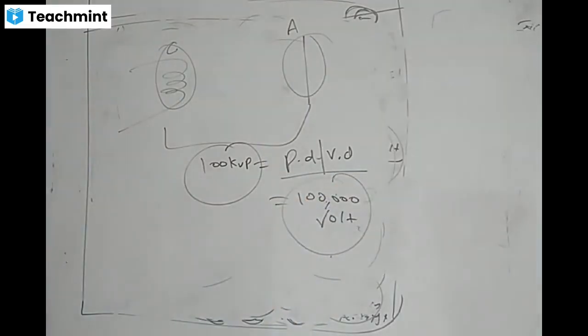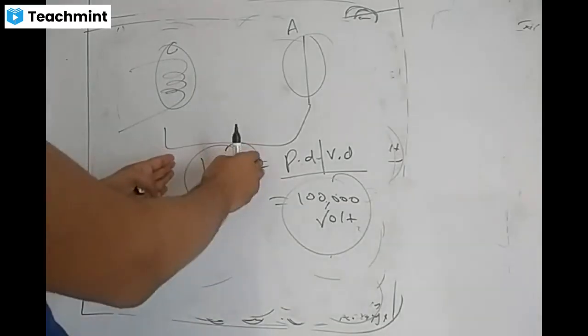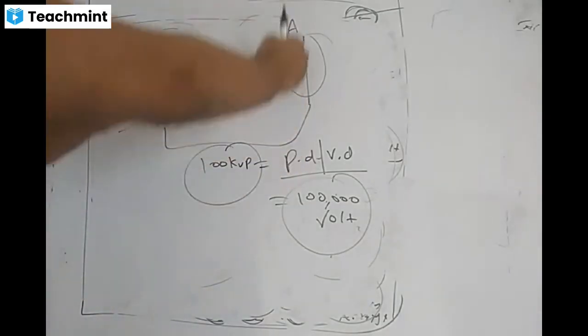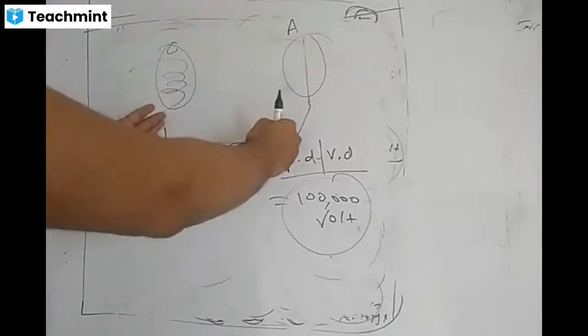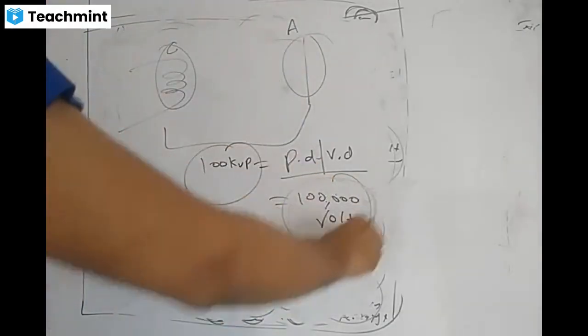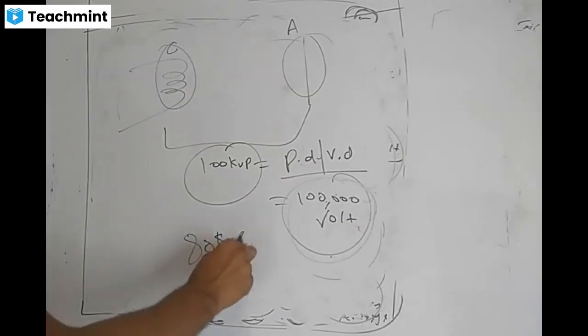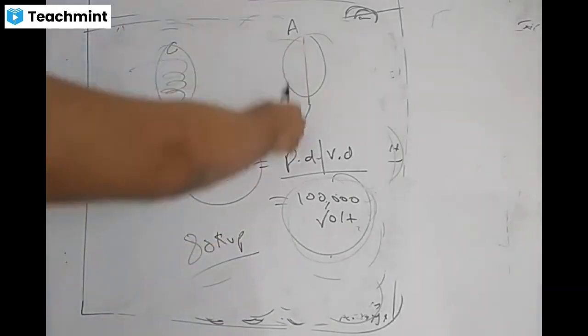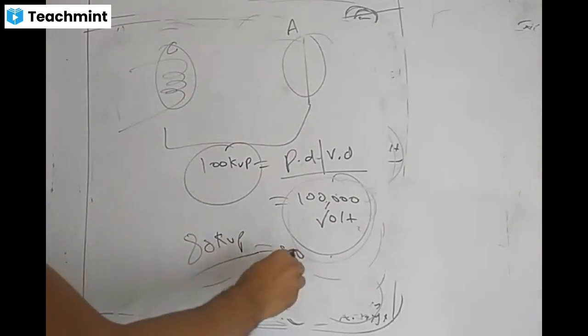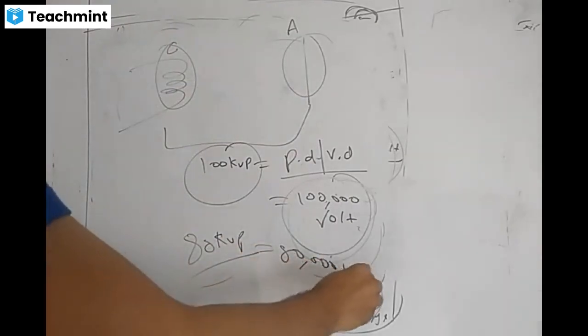This is the meaning. 100 kVp means the voltage difference between these two is how much? 1 lakh volt. 80 kVp means the potential difference between these two is 80,000 volt.